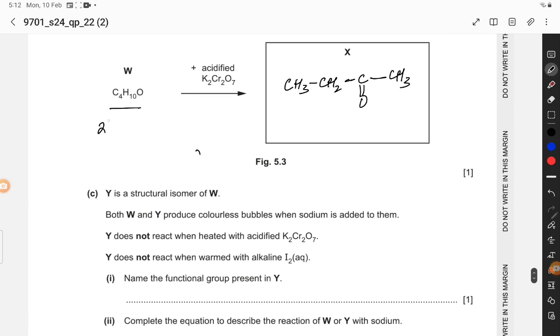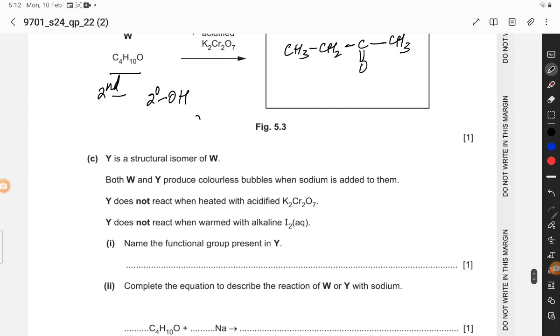If it is a secondary alcohol, it reacts with acidified potassium dichromate to form a ketone. Both W and Y produce colorless bubbles when sodium is added to them. Sodium reacts with compound W to produce bubbles of hydrogen gas because it is an alcohol.